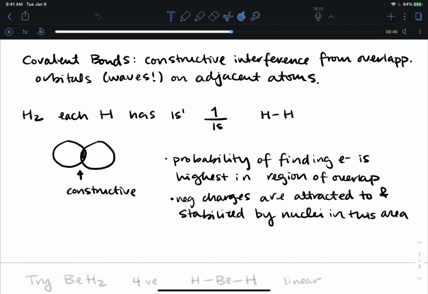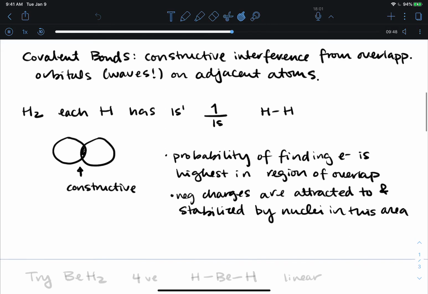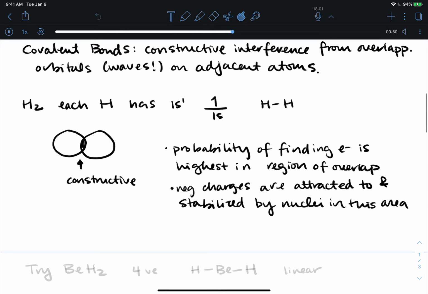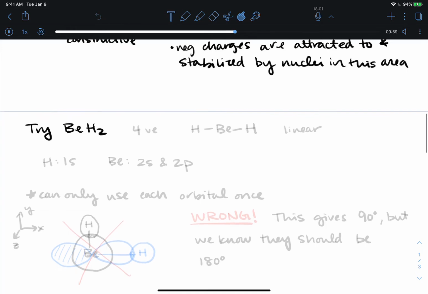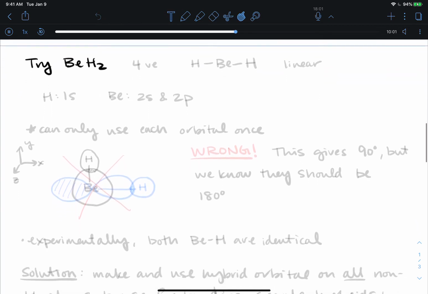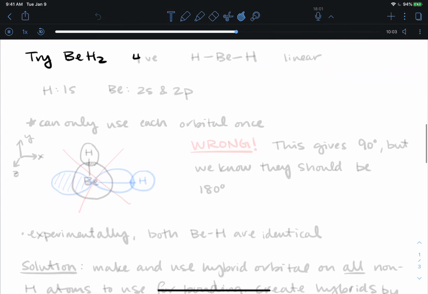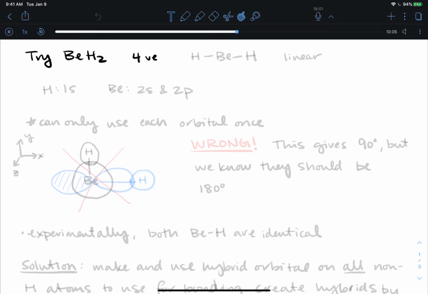Okay, so for H2, this picture works fantastically. So let's try BeH2. So we'll get up to a slightly bigger molecule, BeH2, and if we build a Lewis structure of this, BeH2 has 4 valence electrons, 2 from beryllium and 1 each from the hydrogens.